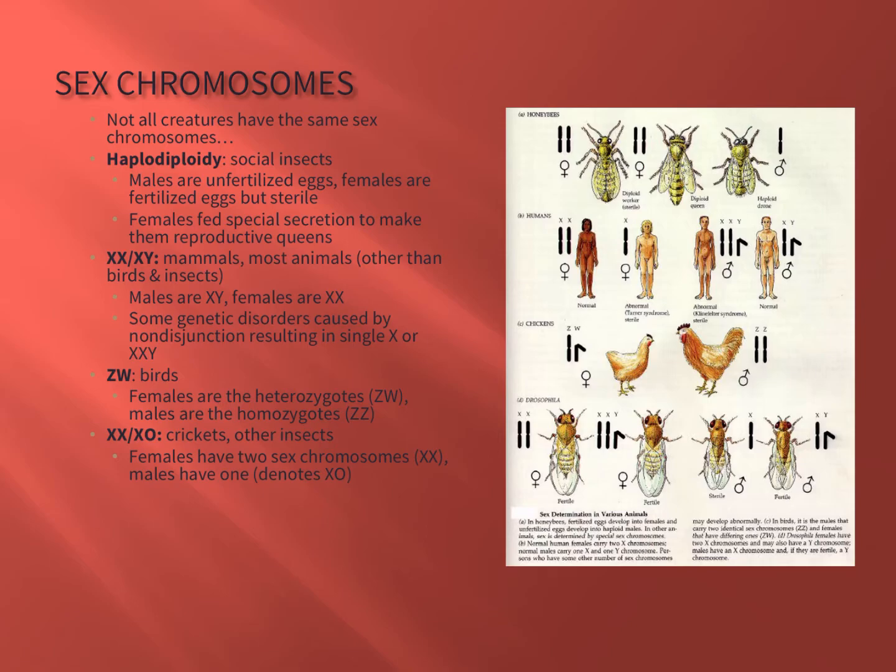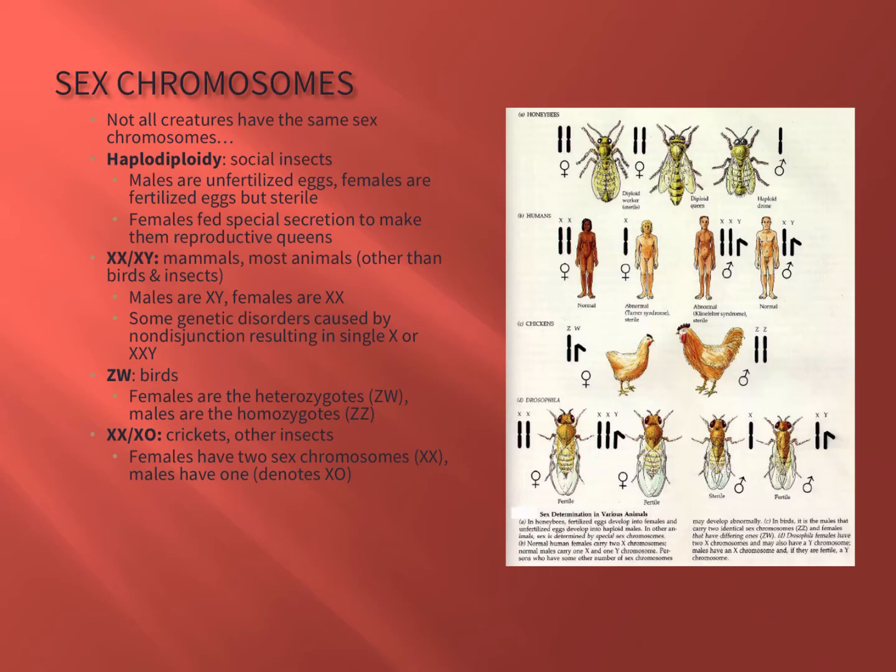Mammals like us, we are all either XX or XY. Males are always XY, and females are XX. There are a bunch of different genetic disorders that cause non-disjunction, and that results in either a single X or XXY. Those are abnormal phenotypes like Klinefelter's or Turner syndrome.